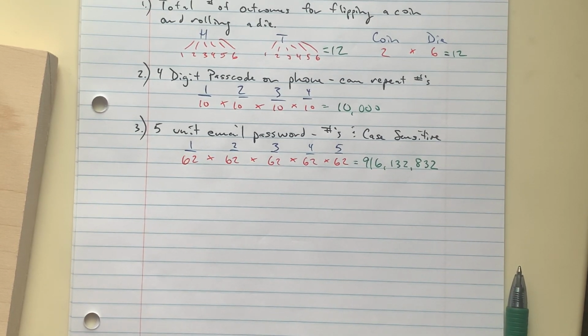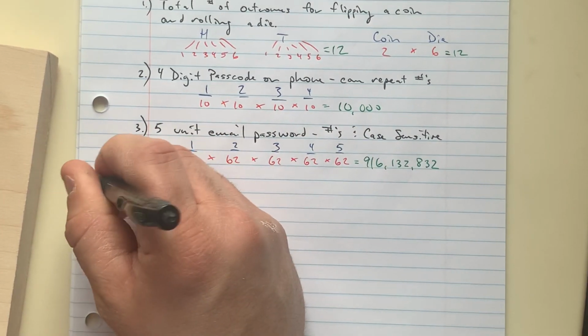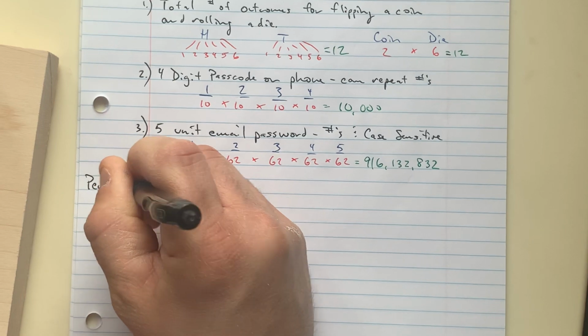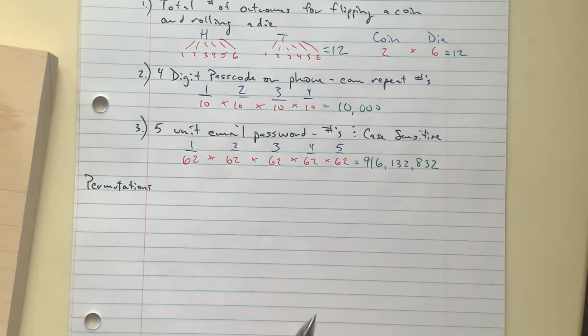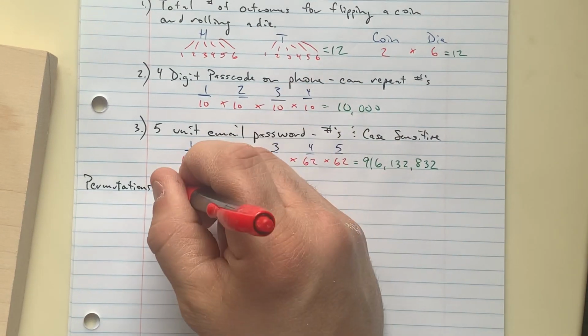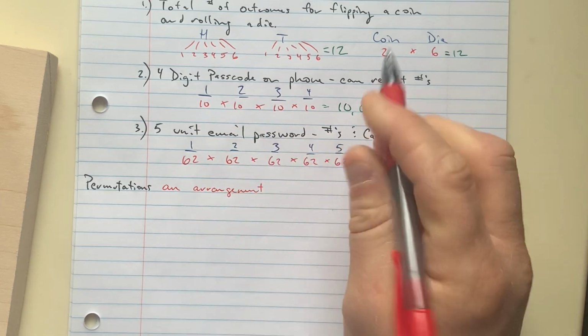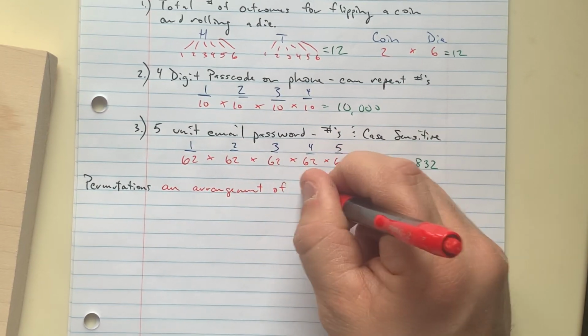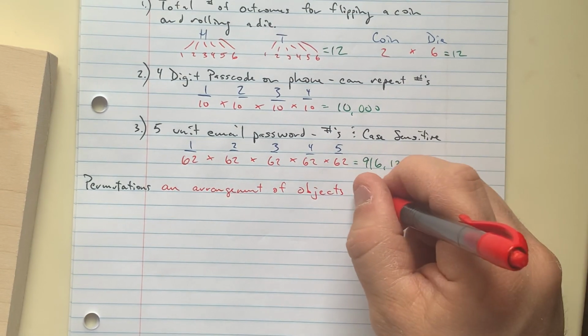And that puts us into the idea of permutations. A permutation is an arrangement of objects in which order is important.